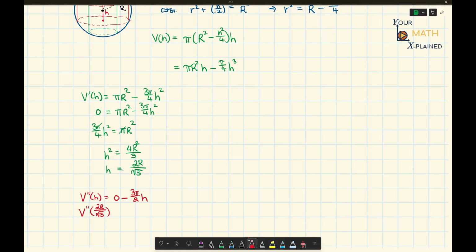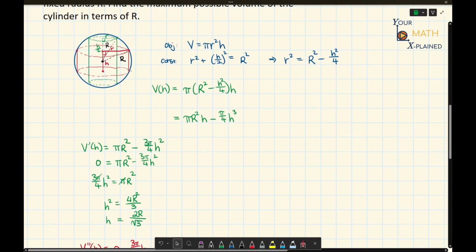And we can see that since capital R is a positive constant, once we substitute this number in, we get this as a negative number. So we get this as less than 0, which means our graph is concave down at that point. So because it's concave down, that means our critical point here is a maximum.